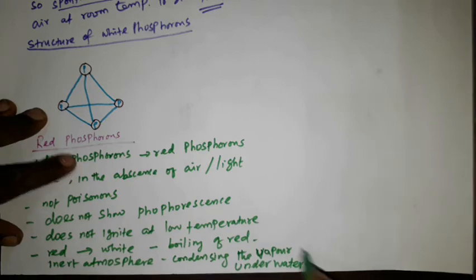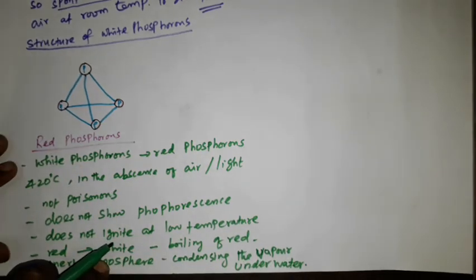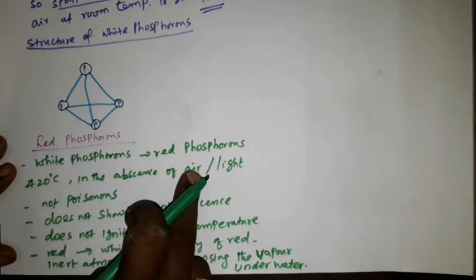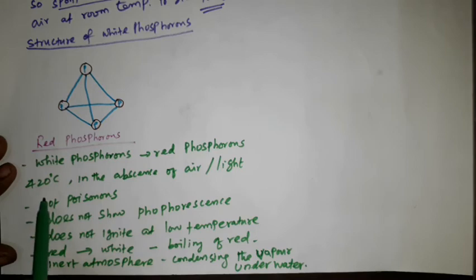Okay, so that's all about red phosphorus. White phosphorus can be converted to red phosphorus by heating it around 420 degrees Celsius in the absence of air and light. This red phosphorus is not poisonous. Red phosphorus does not show phosphorescence like white phosphorus. Also, unlike white phosphorus, red phosphorus does not ignite at low temperatures.